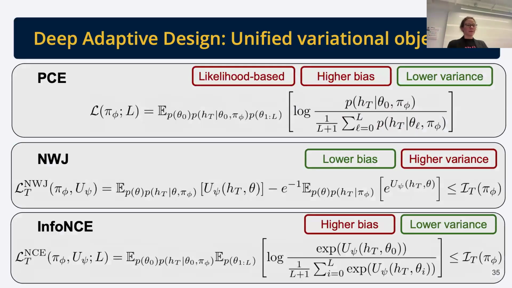And the way that we do that is by borrowing some ideas from the representation learning literature. I've included all the equations just for reference. I don't think they're particularly insightful to look at in too much detail, but the important thing to note is that all of them are computationally tractable, that we can calculate and optimize with stochastic gradients.